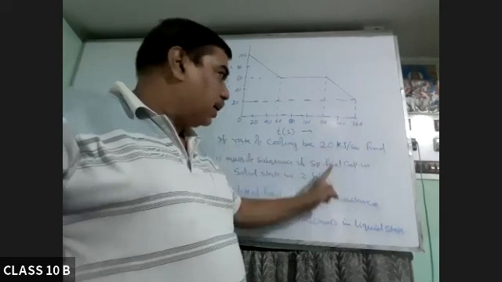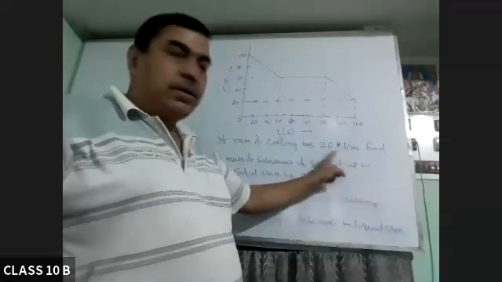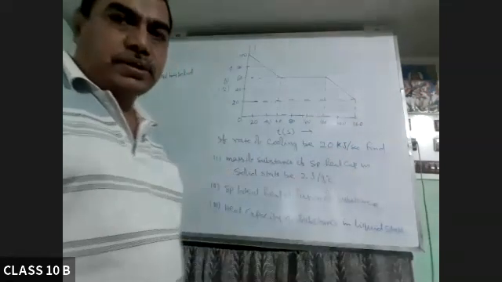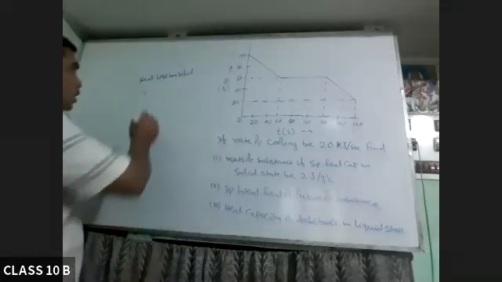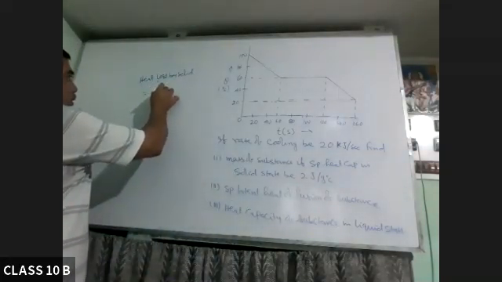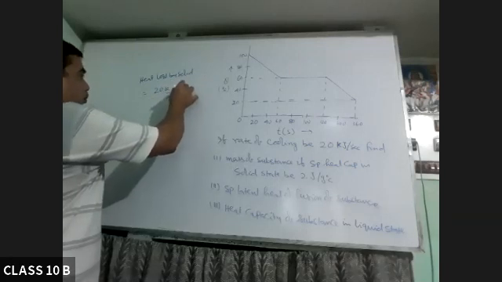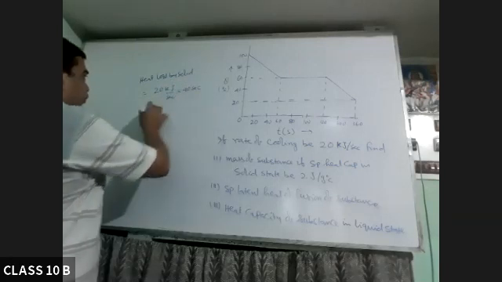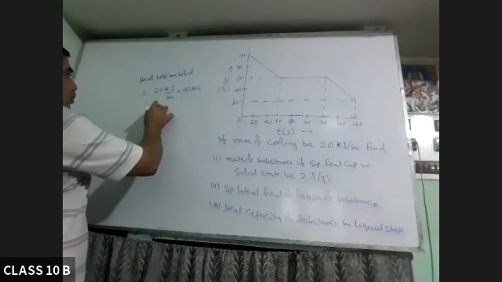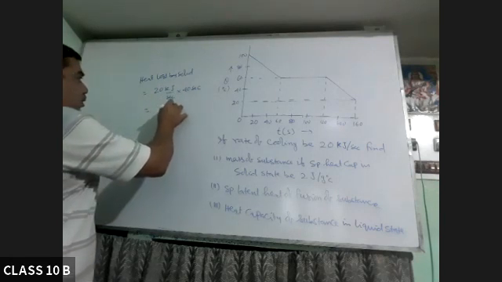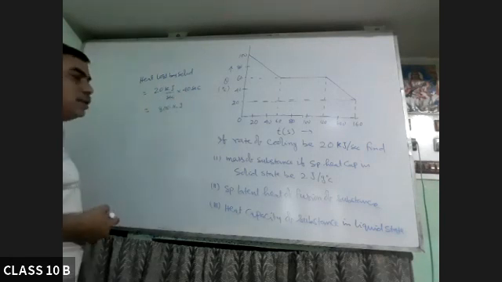Time is 40 seconds, and each second this much heat is released. So 20 kilojoule per second into 40 seconds. So it is 800 kilojoules. This is the heat loss.